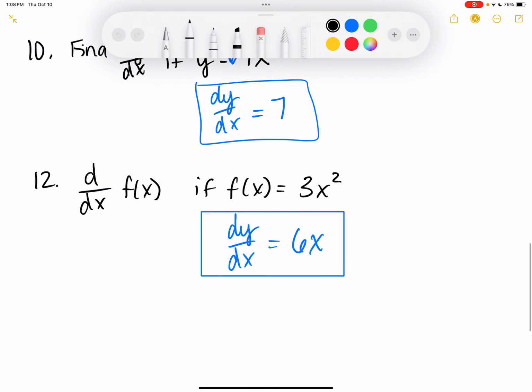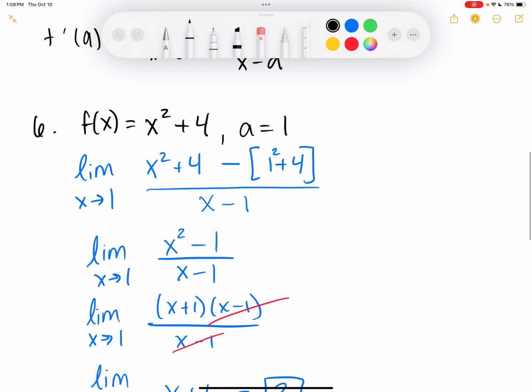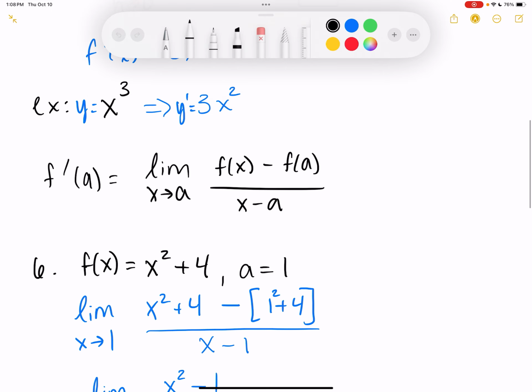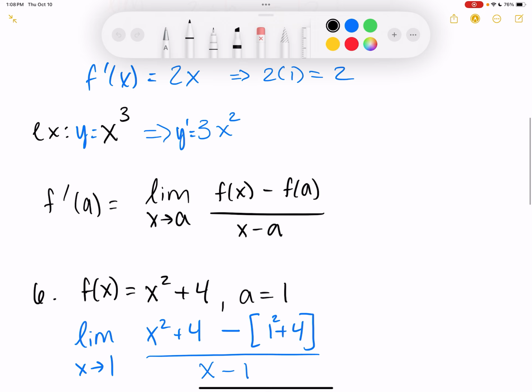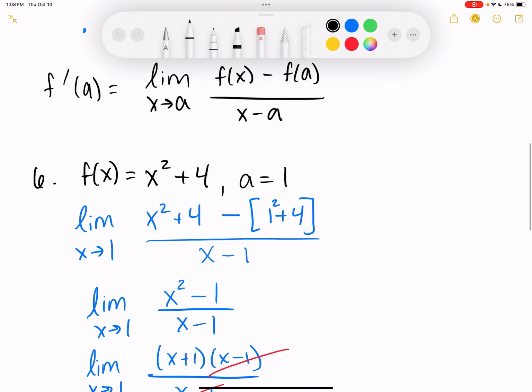All right, so what we're doing now is we're applying the definition of a derivative. It doesn't really matter which version of it we use. I typically like to use this one, x approaches a, just because it makes things a little easier than having to deal with h's and all of that excess stuff.